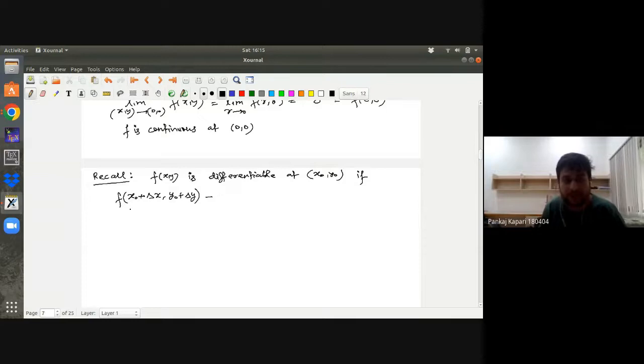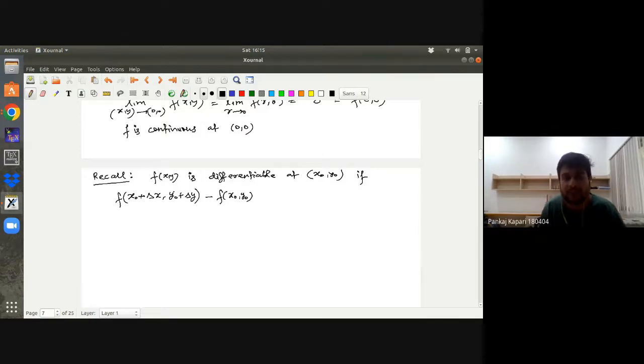Okay, this is the value of the function after the change when you change x naught by delta x and y naught by delta y, and this is the value of the function before the change, and this is the net increment, the increment in the function when you change the independent variables by a small amount.